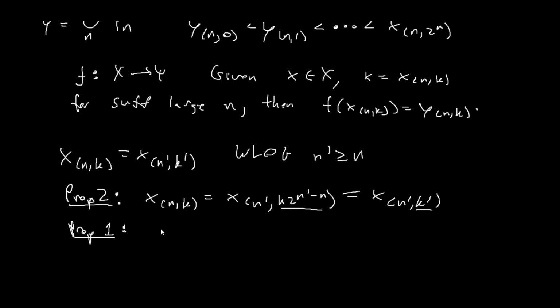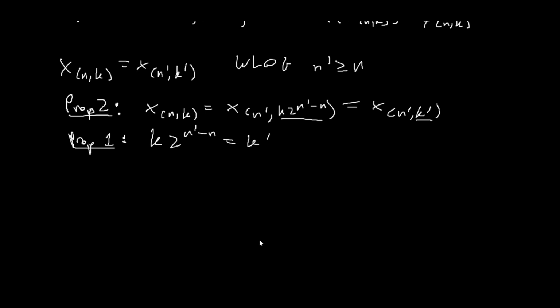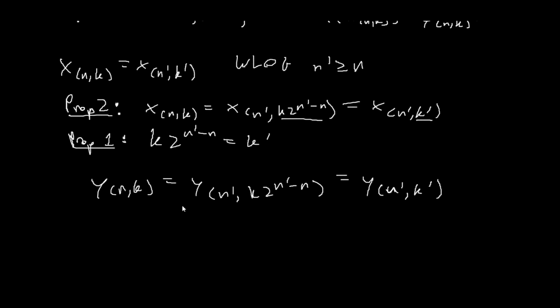So we have k times 2 to the n prime minus n equals k prime. And then using this, we have yn comma k equals yn prime comma k times 2 to the n prime minus n, and that's equal to yn prime comma k prime.